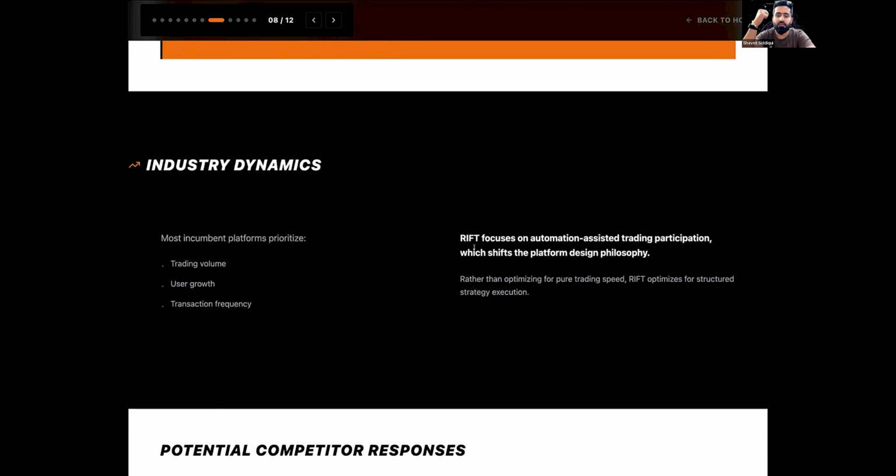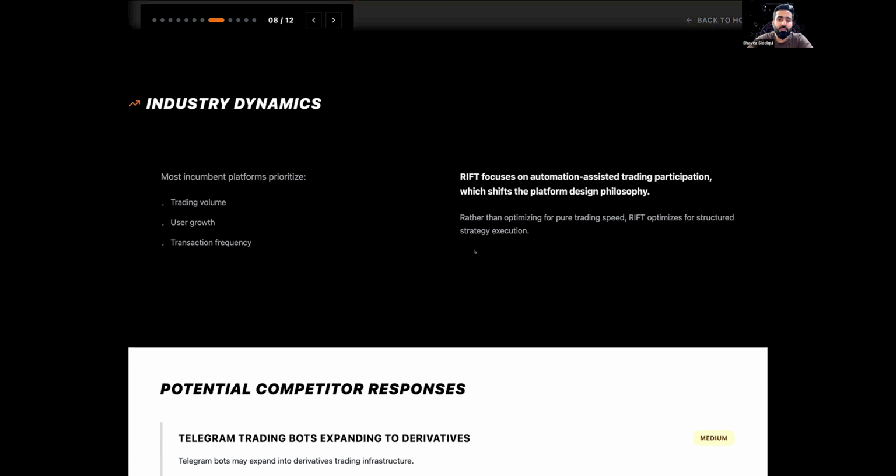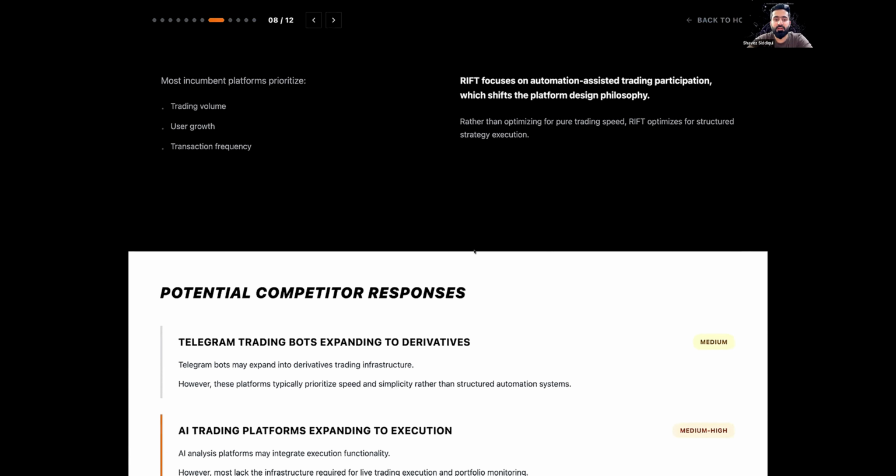Rift focuses on automation-assisted trading participation, which shifts the platform design philosophy. Rather than optimizing pure trading speed, Rift optimizes structured strategy execution. What we have done is bring discipline into trading with a tool. The protocol focuses more on discipline.